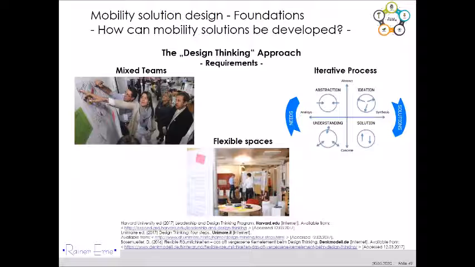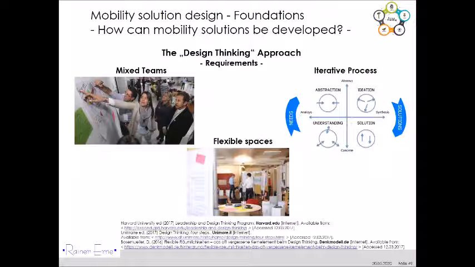Second requirement is flexible spaces, so we don't have them really, but the basic idea is that you collocate the whole group in one space where you can separate into different subgroups in order to ideate, prototype several solutions.